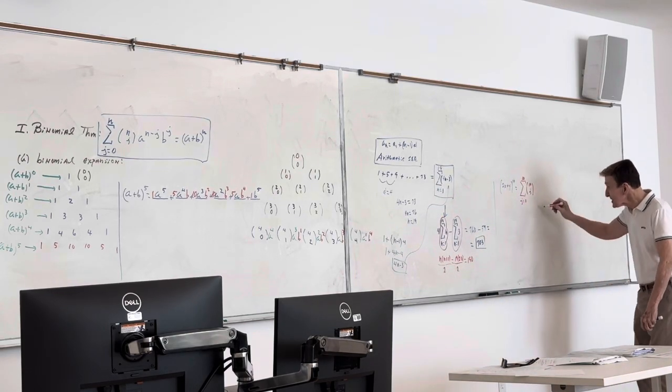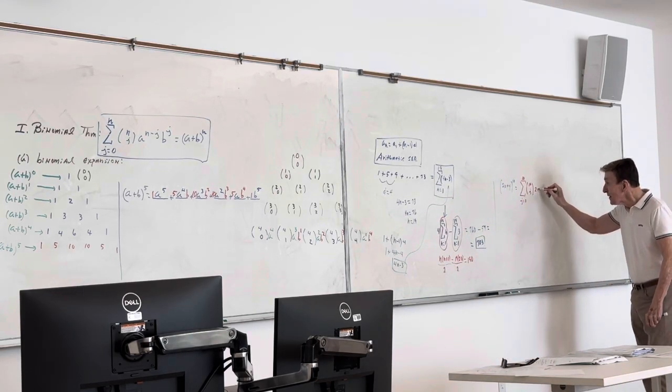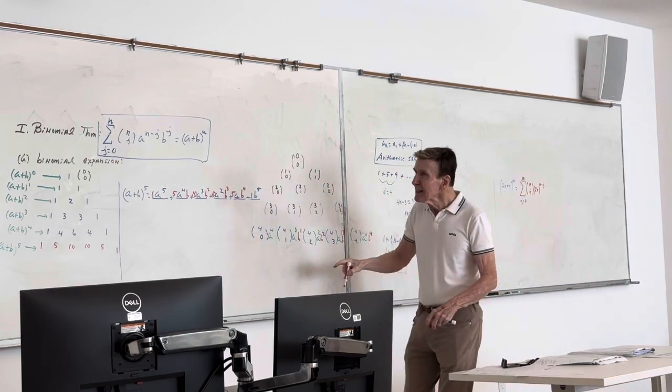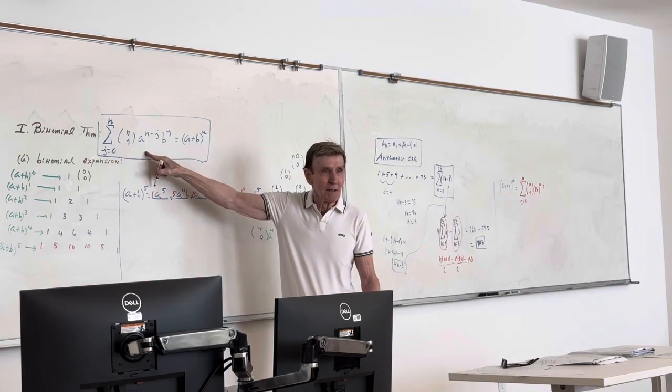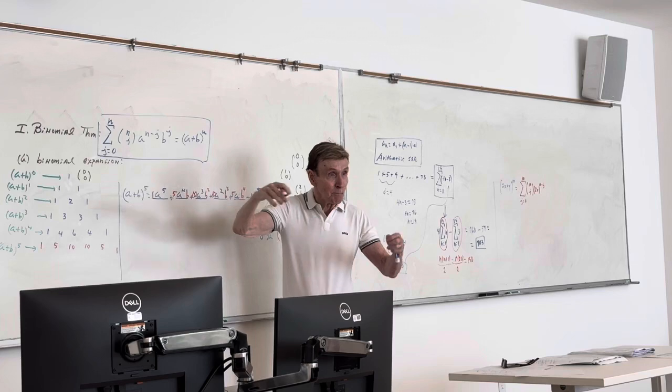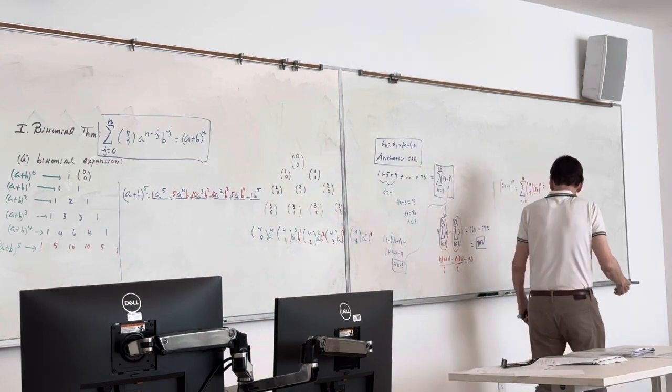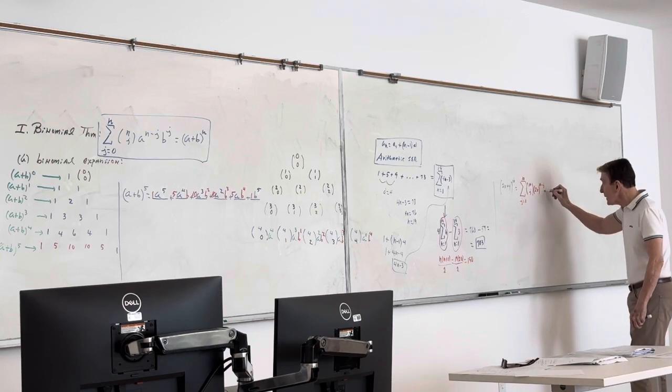A in my case is 2x, raised to the 10 subtract j. Next it says b raised to the j. What's acting as my b here in this binomial? I see a y. So it's y raised to the j.